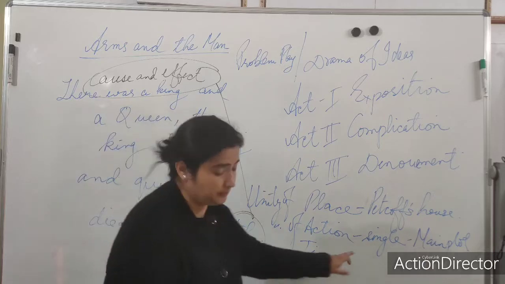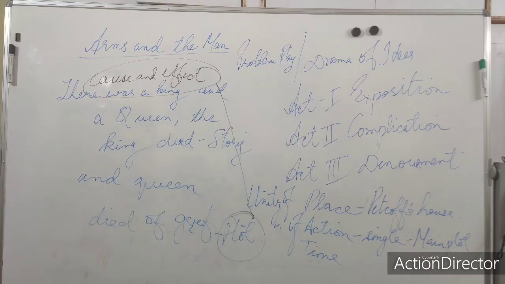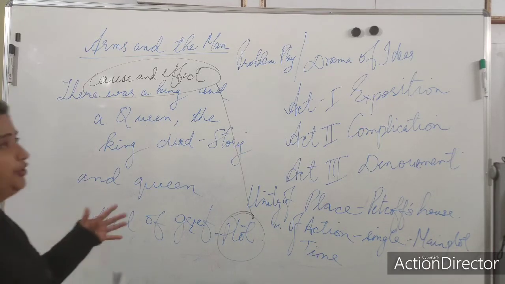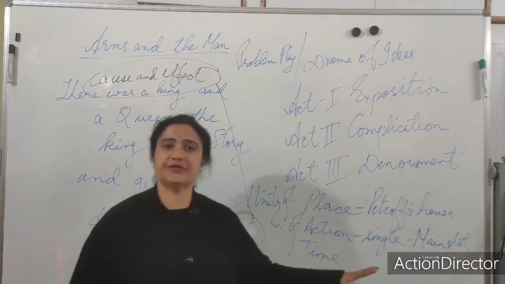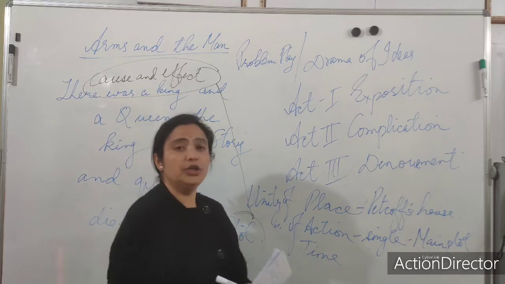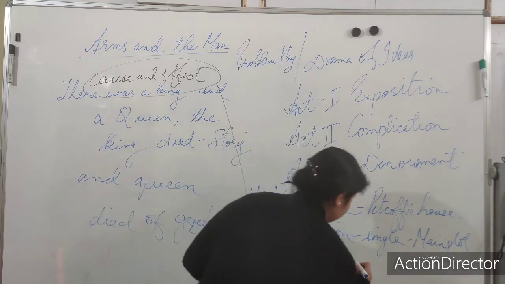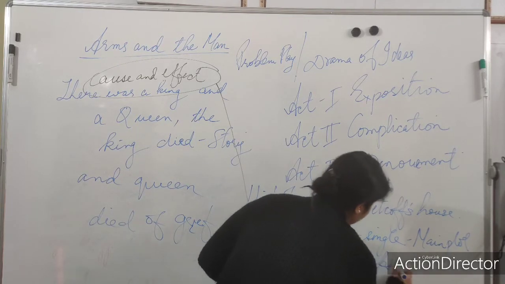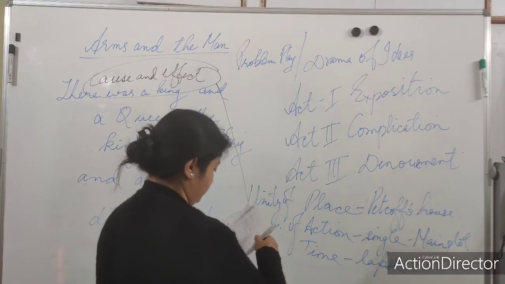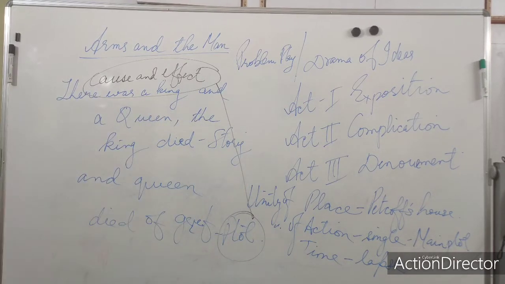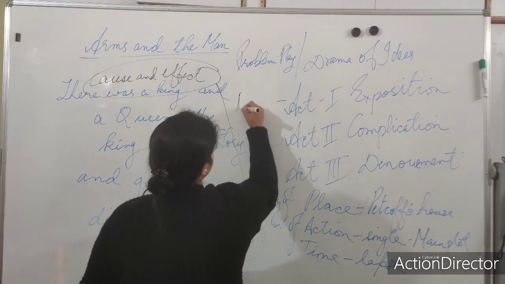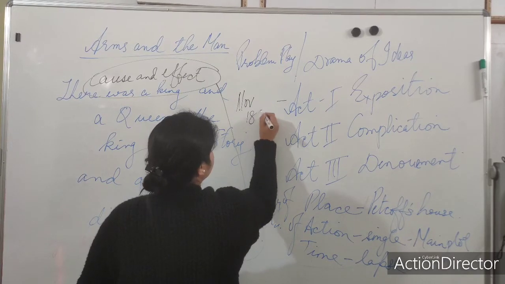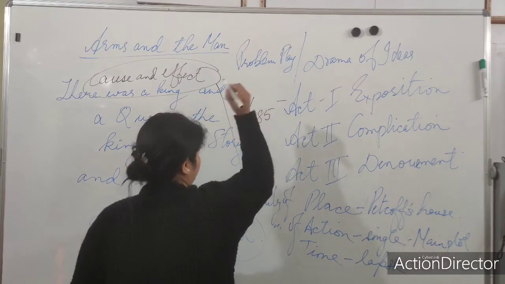Now, as far as time is concerned, generally unity of time कब होती है? When the play finishes in a single day. But here you find that there is a lapse. Lapse in the sense that here the first act begins with the Bulgarian War, as I'm again and again telling you, and it starts in November 1885, right?